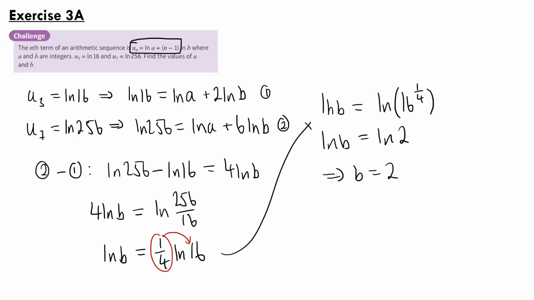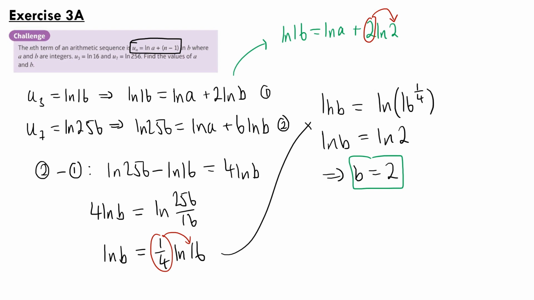And now from here we can plug into either one of the two equations, and the first one here is simpler. So if we put b equals 2 into this first equation, we have ln of 16 equals ln of a plus 2 ln of 2. And again here we can use the power rule to bring this 2 inside the logarithm.